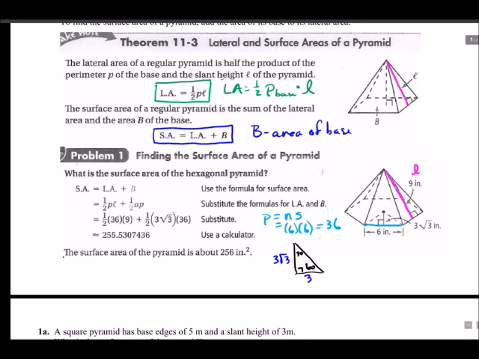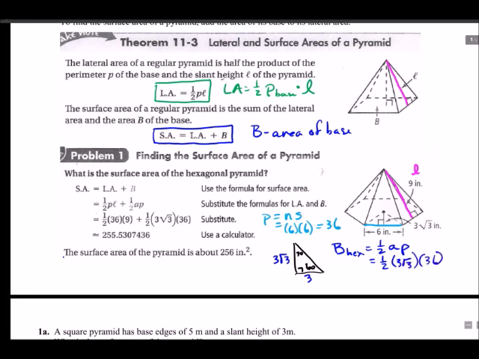And the area of the base, big B, of a hexagon is 1/2 times the apothem times the perimeter. And so that is just going to be 1/2 times 3 square root 3 times our perimeter, which we know is 36.